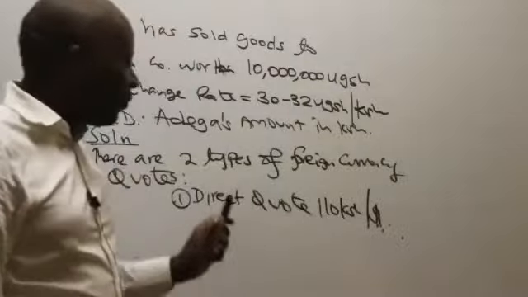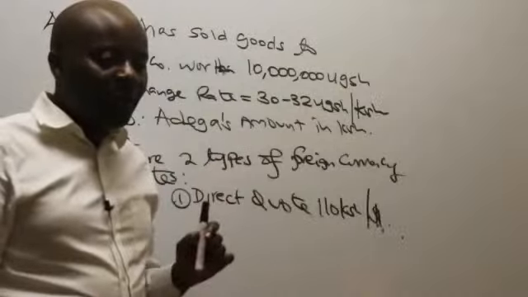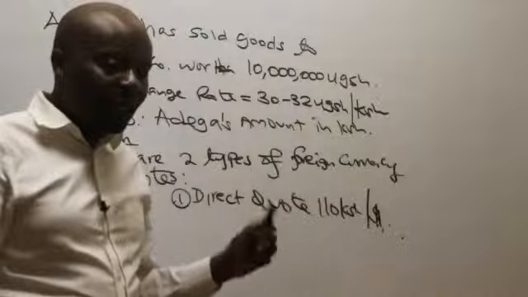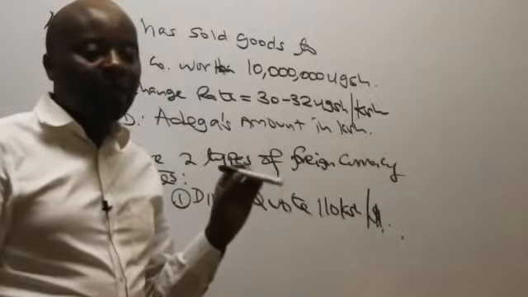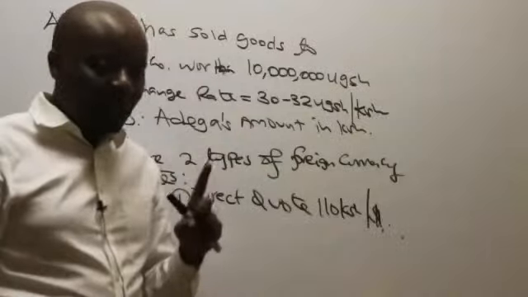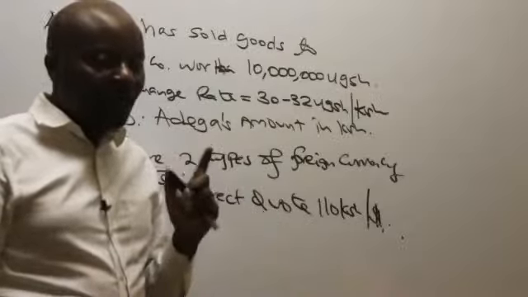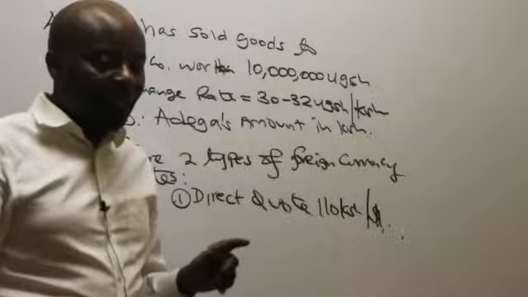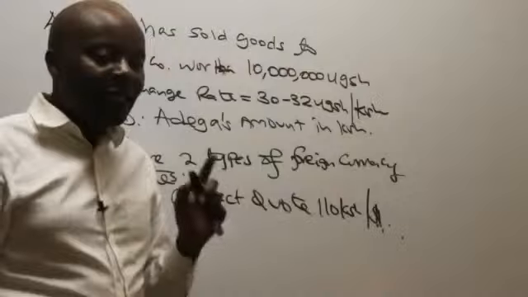Please write this: for direct quote, the amount of the local currency required to purchase 1 unit of foreign currency is given.